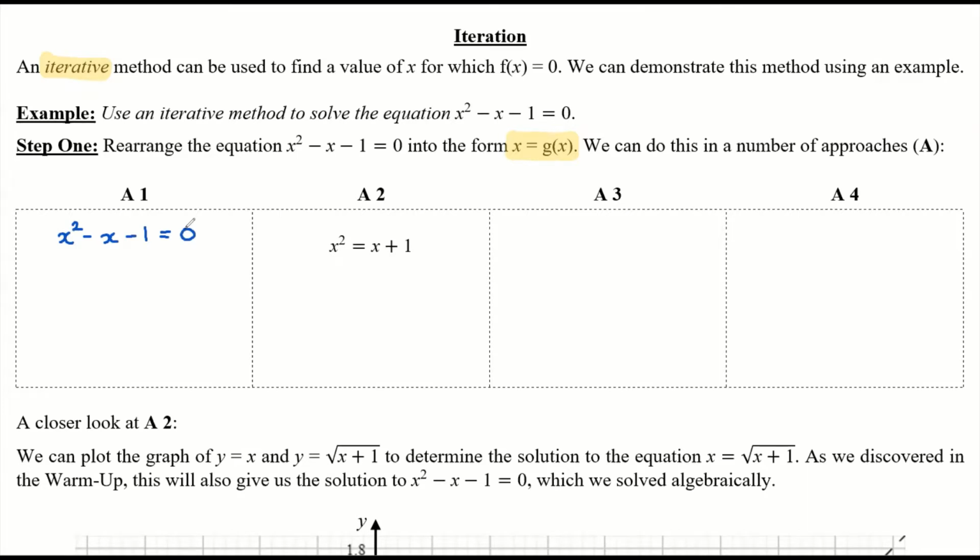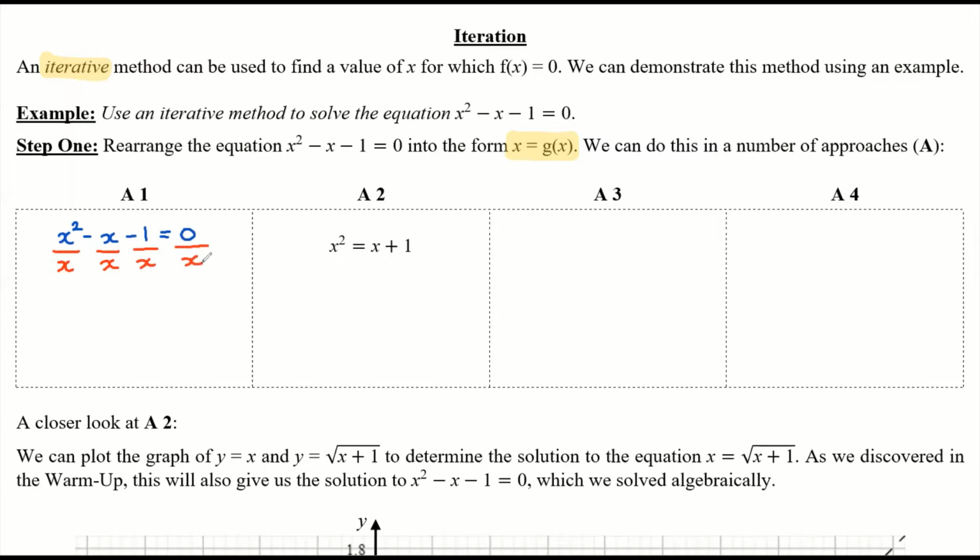Now, one way I can do this, assuming x is non-zero, is to divide through everything by x. I'm going to divide every single term by x, and obviously I'd have to divide the right-hand side by x as well.